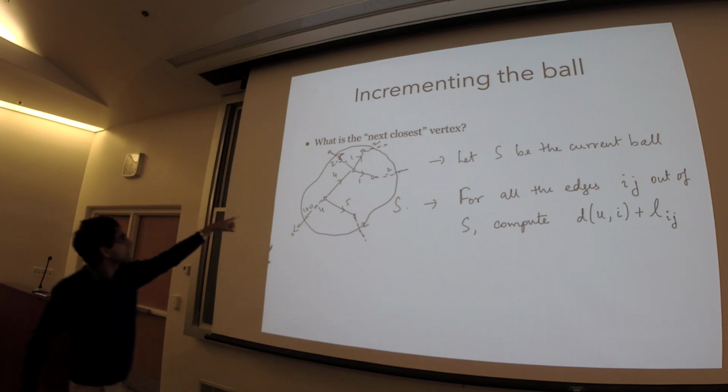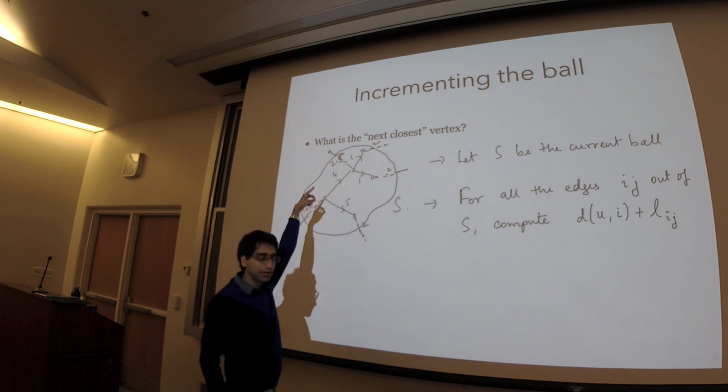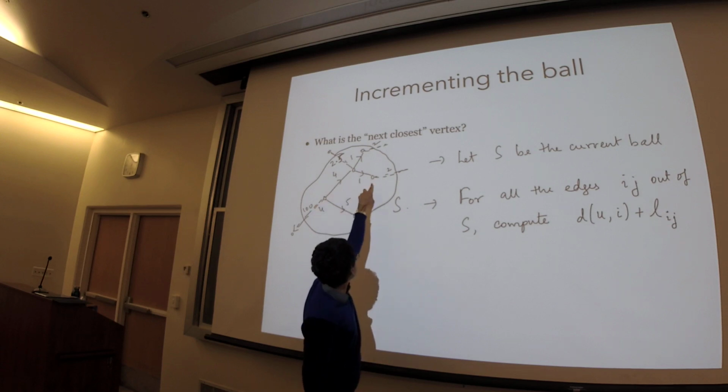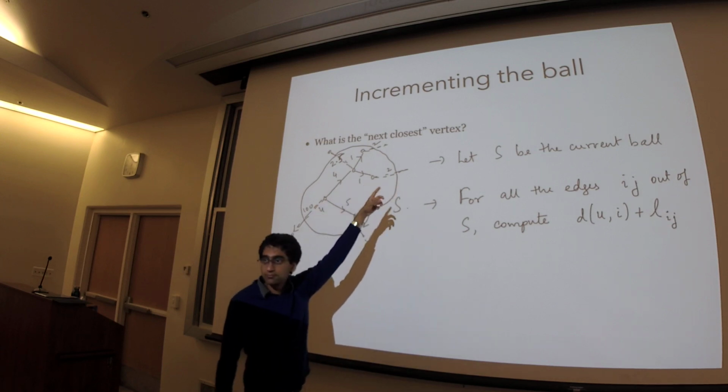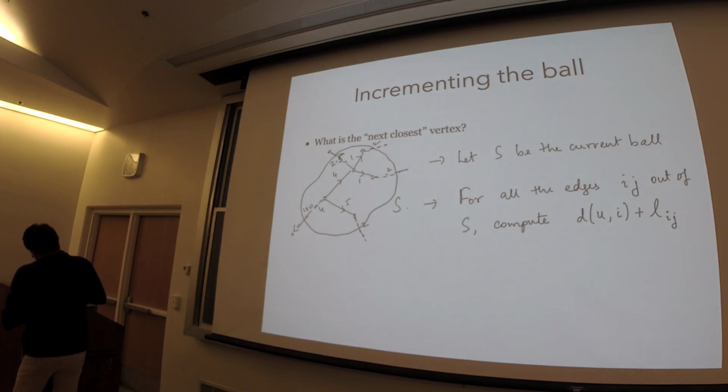So in this example, this would be like 4 plus 2.5. And for this one, it would be 5 plus 2. So this is one candidate IJ.